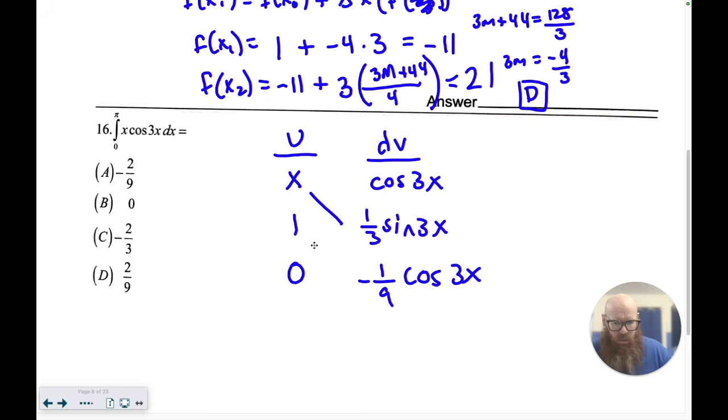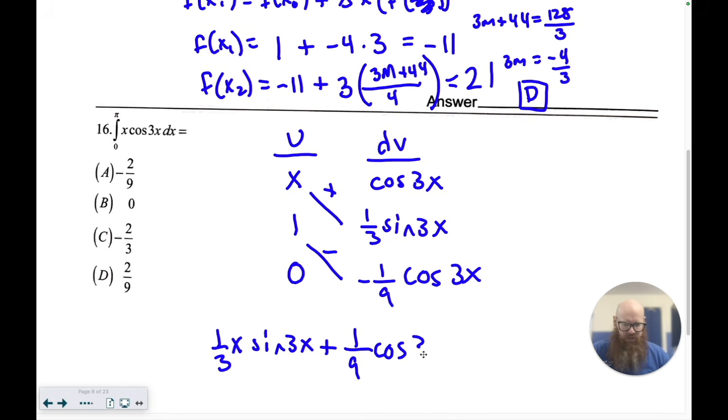And then I go boom, boom, and I do plus minus. So my antiderivative is 1/3 x sine 3x, that's this, minus negative, so I get plus 1/9 cosine 3x, and that's evaluated now from 0 to pi.